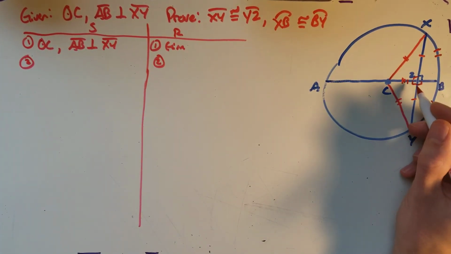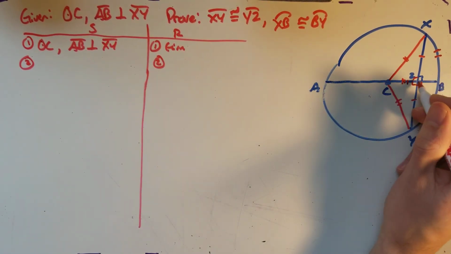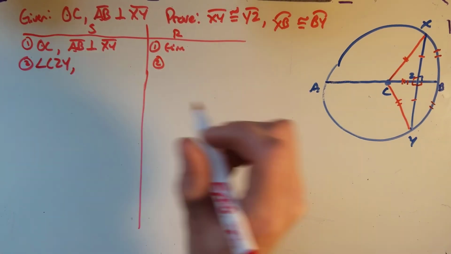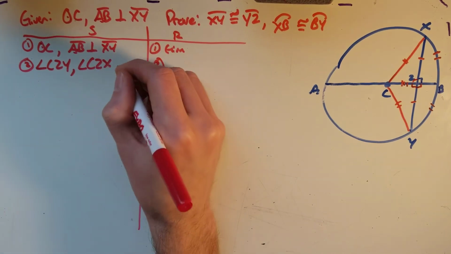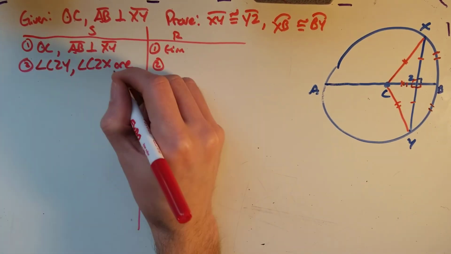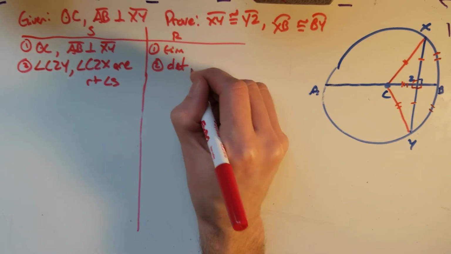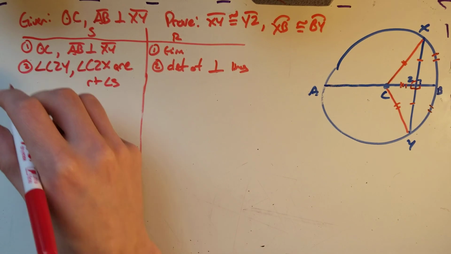So our first statement that I would make here is saying that angle CZY, and also angle CZX, well, they are right angles. And we know that by the definition of perpendicular lines, in this case segments.